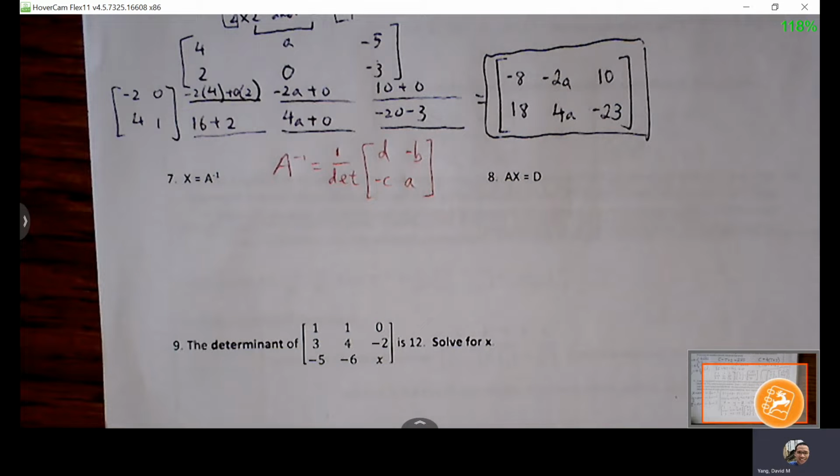Either one, or you could also multiply by C. One times two with C, and this is the same.